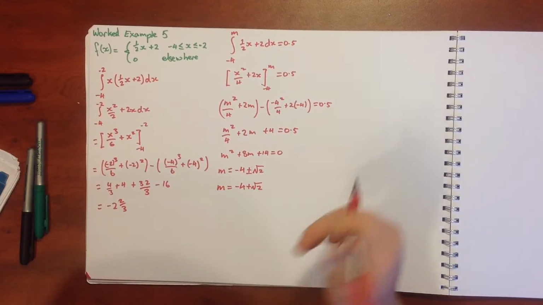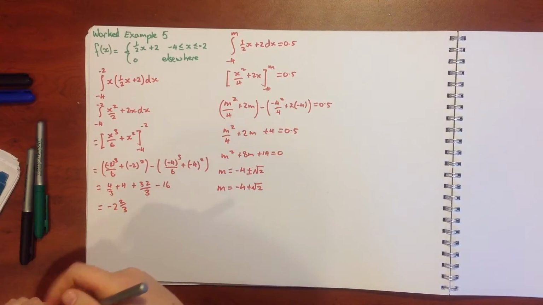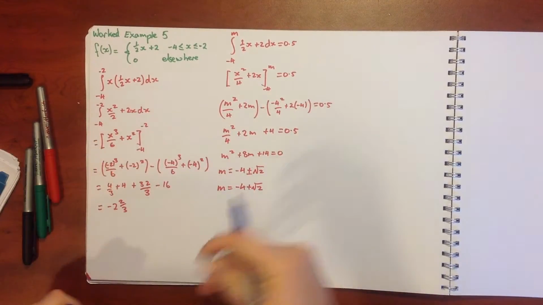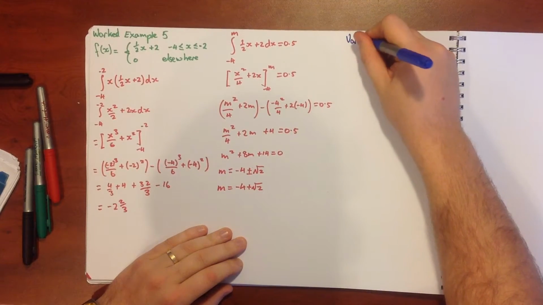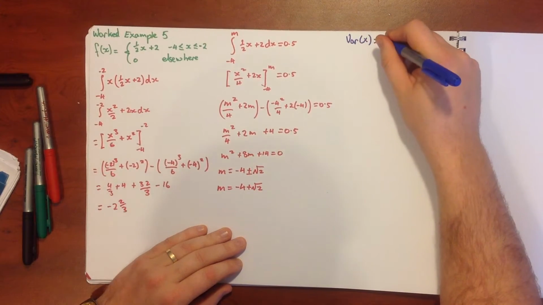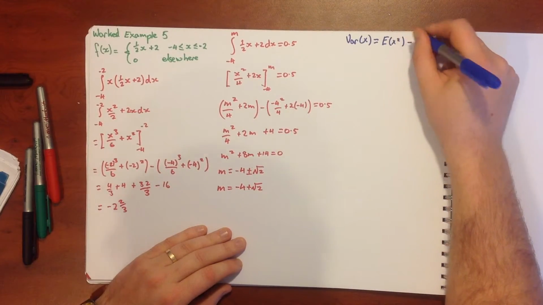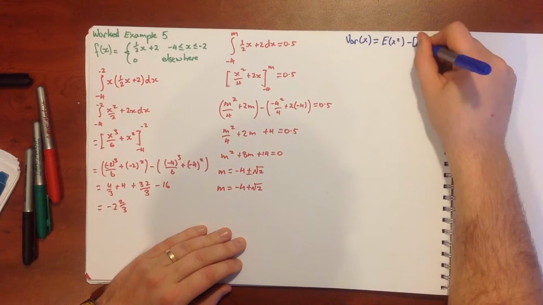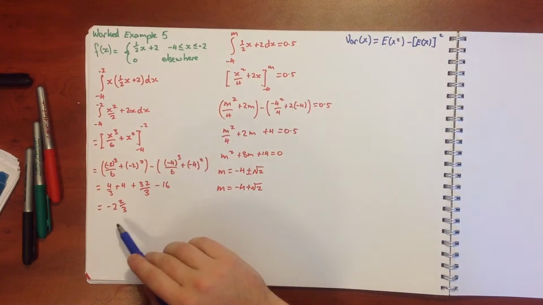Remember, our variance of x equals E of x squared minus (E of x) squared. Now we already have our E of x, we found that earlier.